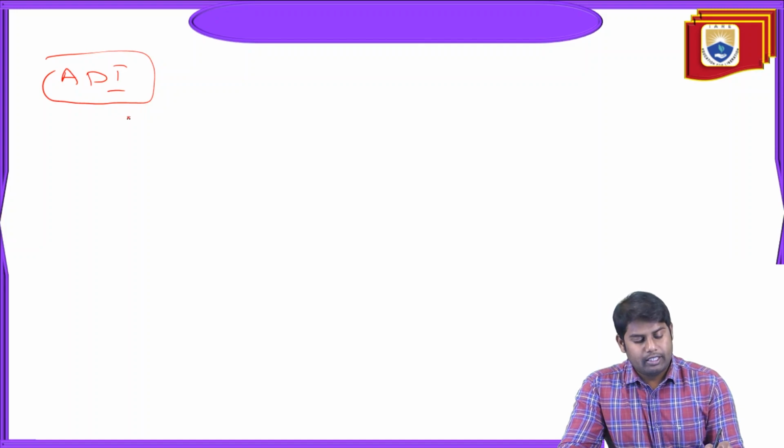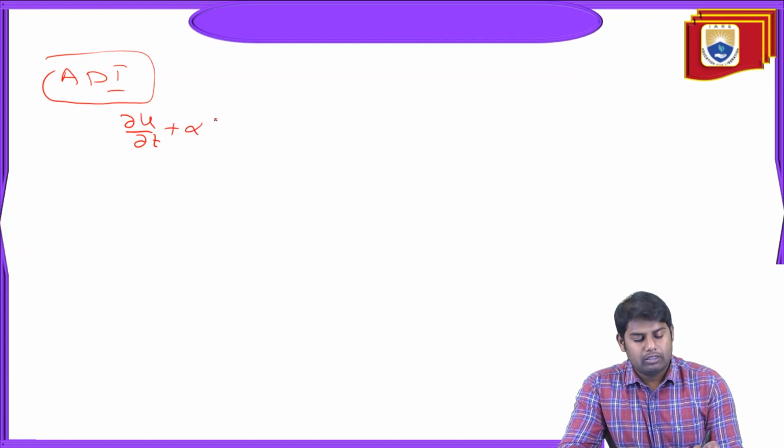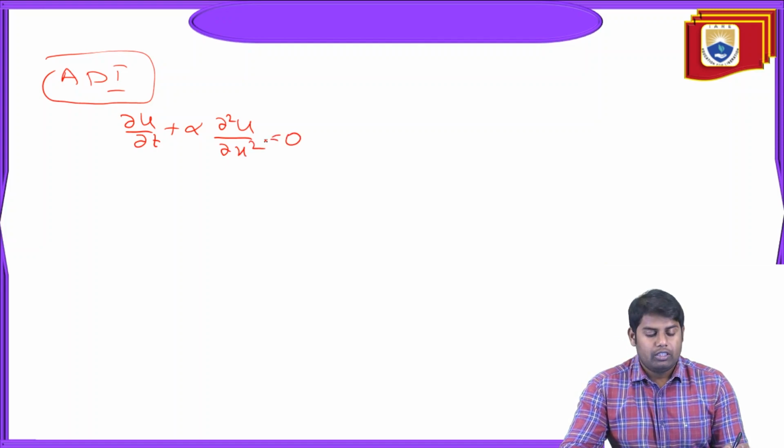Let us consider the same equation, which is dou u by dou t plus alpha dou square u by dou x square is equal to 0. The same equation. Now we will split the ADI technique into two steps.